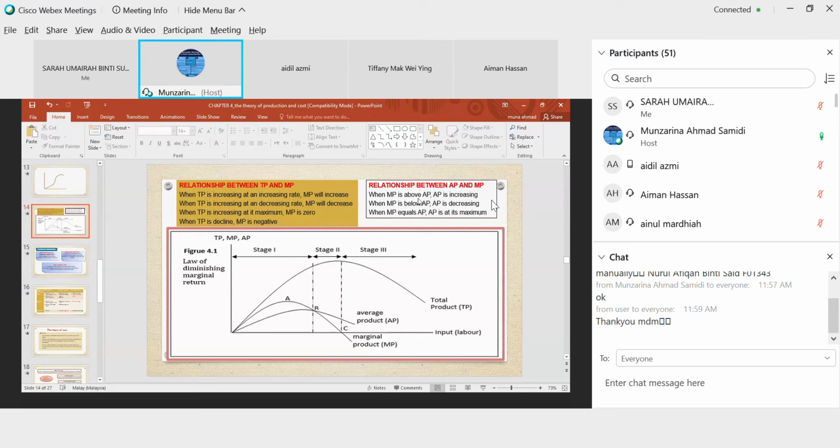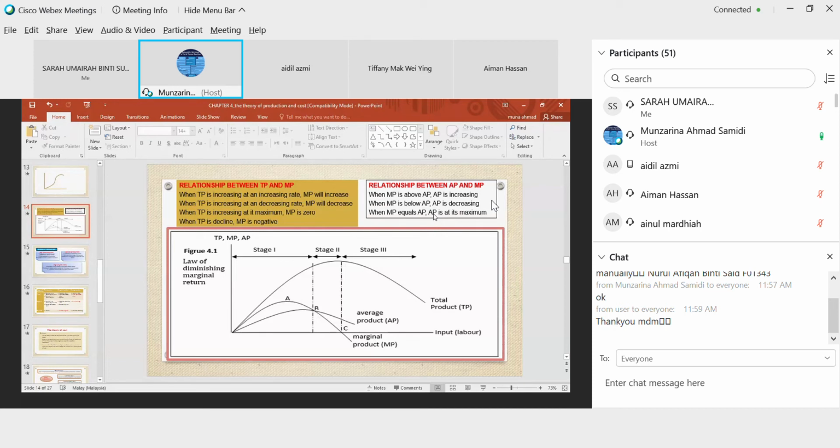Okay, so you have to understand this relationship because, as I said, the relationship between marginal and average is the same everywhere. Marginal is the additional.